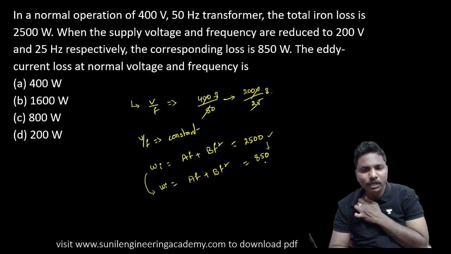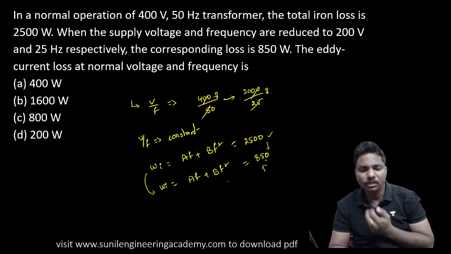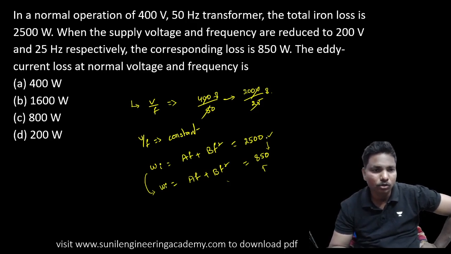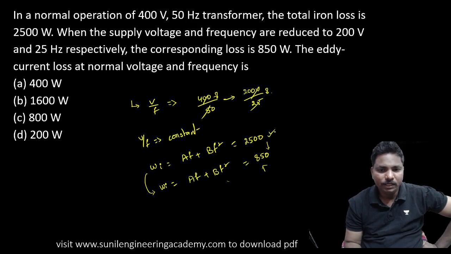For example, if 850 were totally due to hysteresis losses, then eddy current losses may be approximately 1600, then 2450, that is approximately 2500. So the eddy current losses at normal frequency are nearly in the 1600 order. So directly you can give the answer as option B.